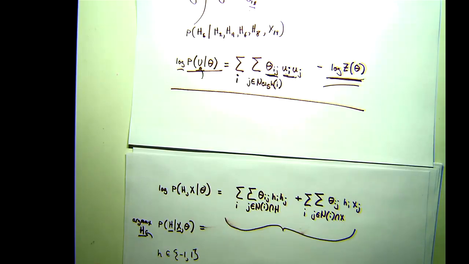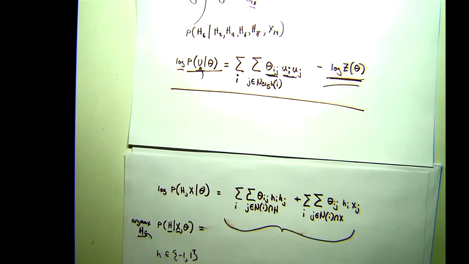One thing we could do is try all possible h combinations and find the one where the formula came out highest. We obviously can't do that because this grows exponentially.